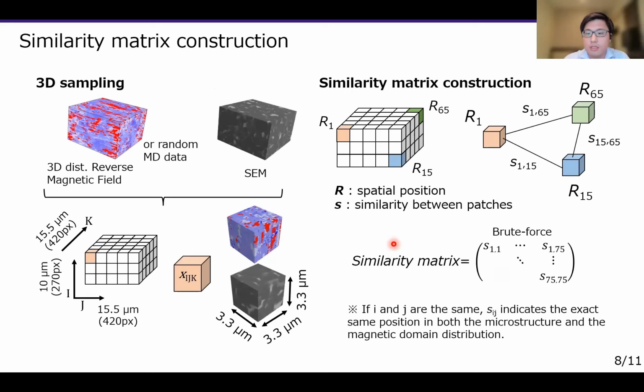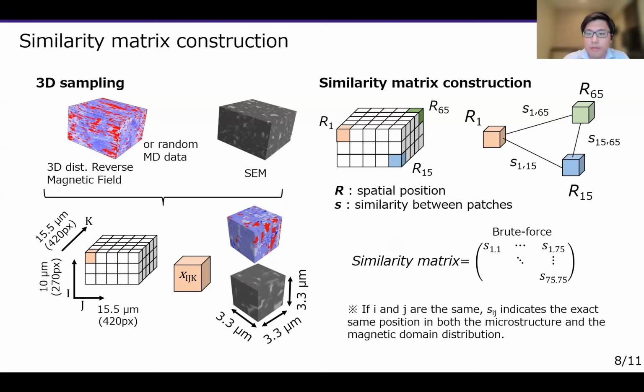To evaluate the similarity, we first performed three-dimensional sampling, and randomly generated data is also available for comparison. This was very simple, dividing each structure into 3.3 nanometer cubes, like that. Then we calculated the similarity using brute force with the methods I explained earlier.